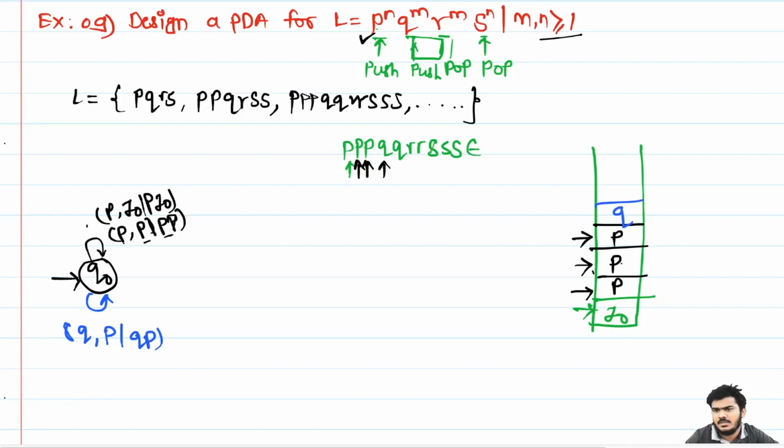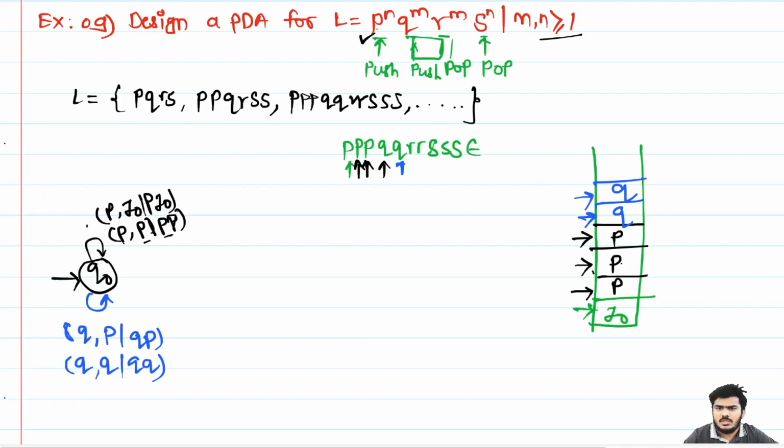I will update the top pointer as Q. So whenever the next Q occurs, the top pointer is at Q. So the top symbol contains Q only. So Q is the input and the top of the stack is Q. Then also I have to insert that particular Q into the stack. So now I am here.